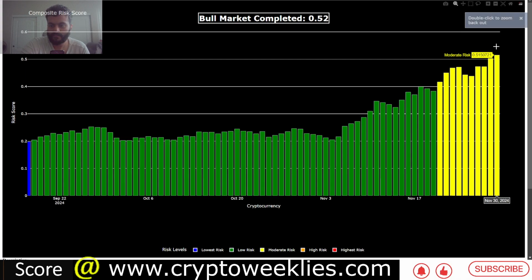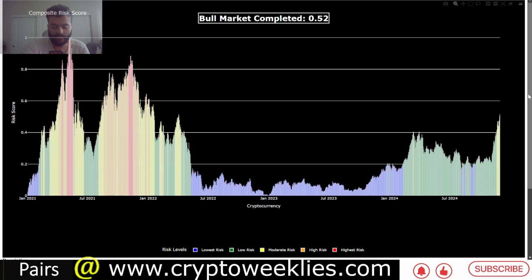You can see the colors have shifted from low risk to moderate risk, essentially since the last week of November 2024. Now in December, if you take a cue from the last market cycle starting January 2021, the risks rose monumentally from 0 to 1. So what is potentially in store, if there is a continuation of the bull rally, is that we might see even heightened risk levels again.